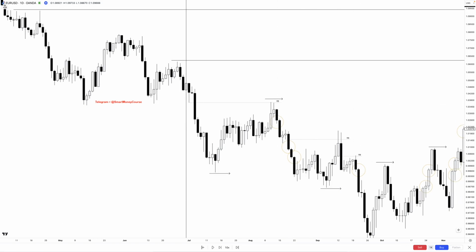We can see that we've got some equal lows. I'm not going to focus on this bit of price action here, focus on what happens next. Price takes out this liquidity, then we see a correction. Now, what do we see happen? This here is just a consolidation, so this is where the objective for price isn't clear.